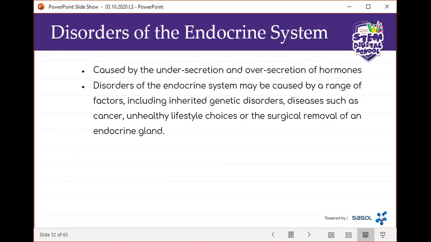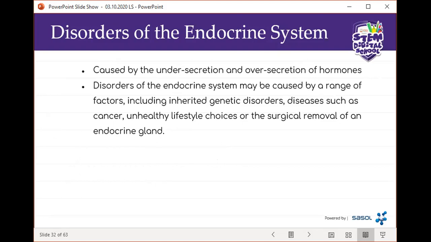Now we move on to the disorders of the endocrine system, when our endocrine system is not functioning properly. Disorders are caused by hypersecretion as well as hyposecretion of hormones.